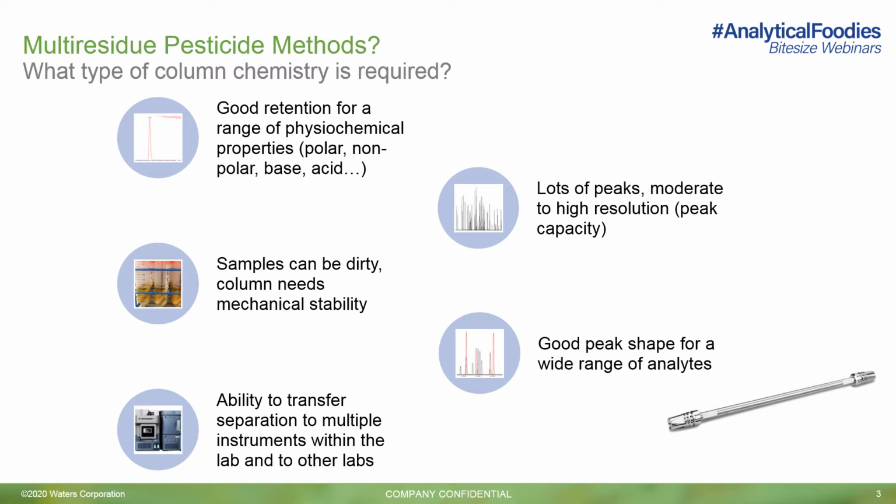Our method may be targeting 500 or more pesticides. So whilst we may have to compromise a little on our chromatographic performance, we need to select the column dimensions and particle size which gives a sufficient peak capacity whilst providing good peak shapes for a wide range of analytes while still achieving our key separations.